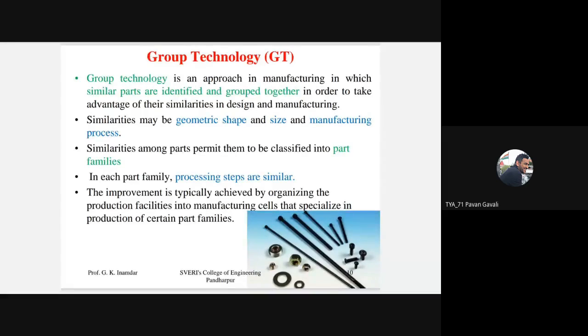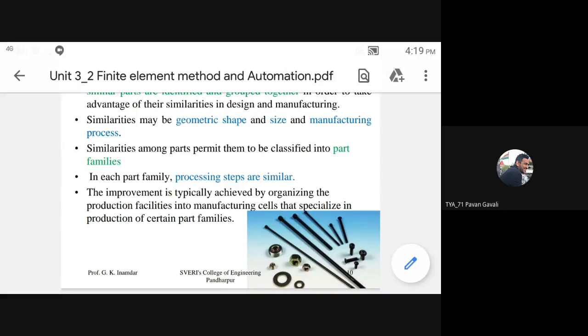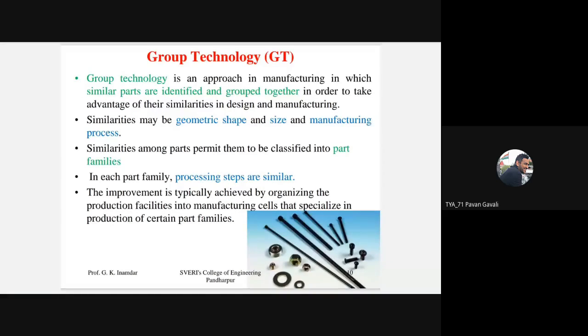Automated process planning. Suppose in our college workshop, one CNC and VMC machine is always in production. Which type of production? One cylindrical part. According to industrial requirements, our workshop in-charges manufacture them using the CNC and VMC machine.